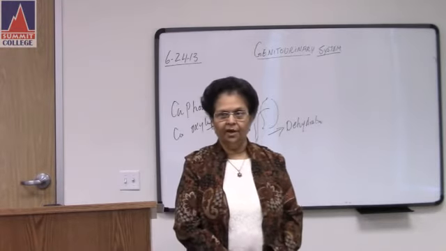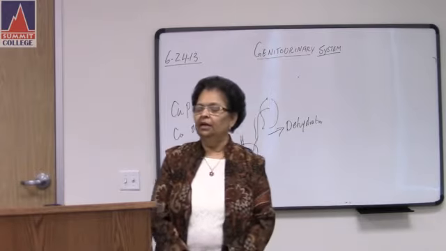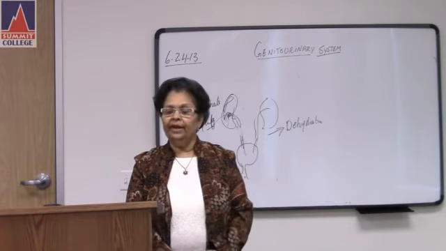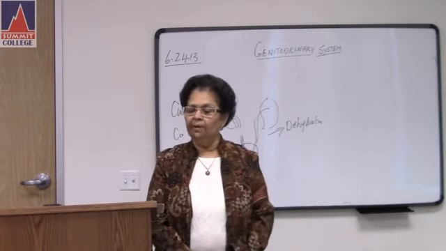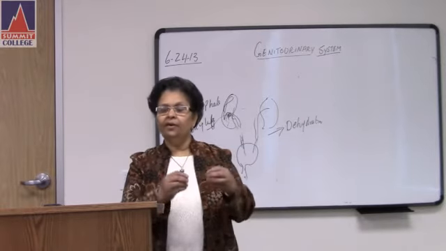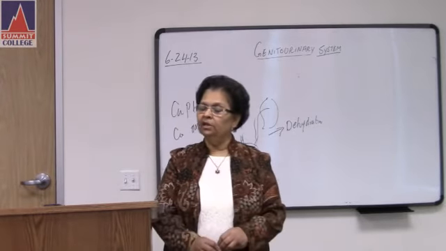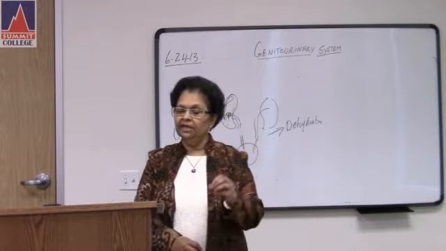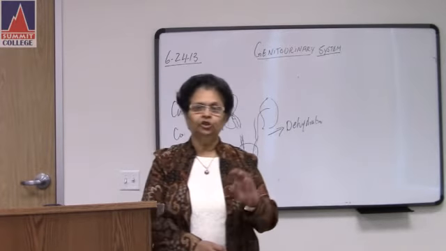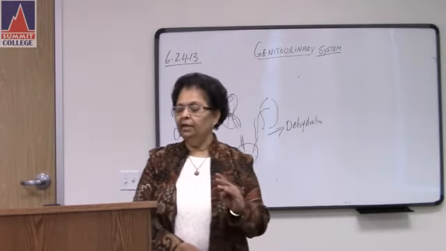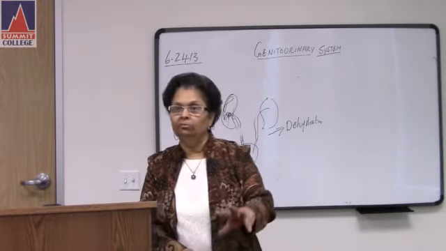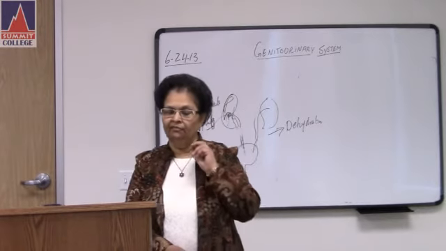What are the signs of prostate enlargement? Problem starting urination, and decreasing force of the urine. That means it's coming very slowly. So starting urine and decreasing the volume. The urine is not coming out enough.